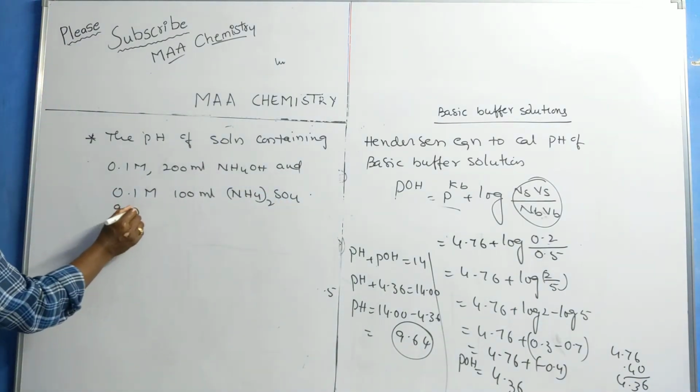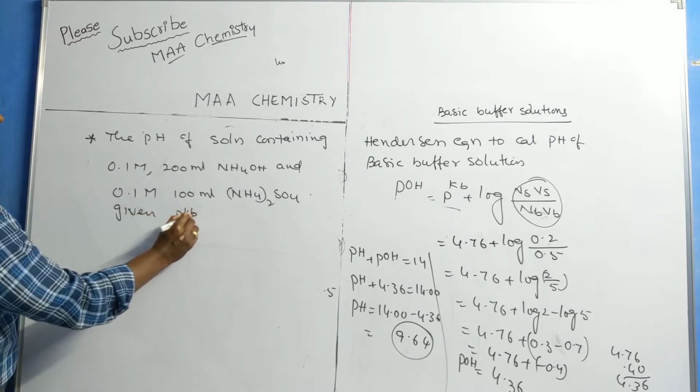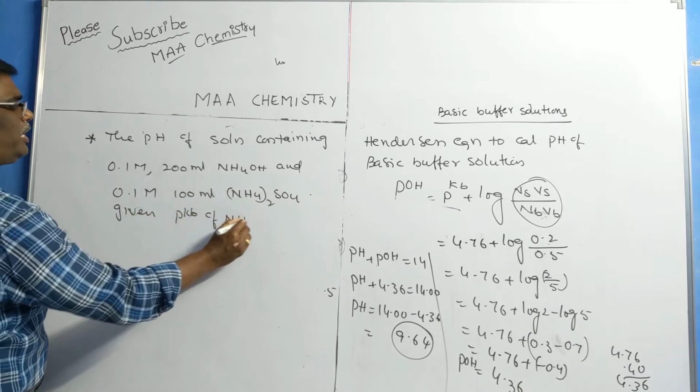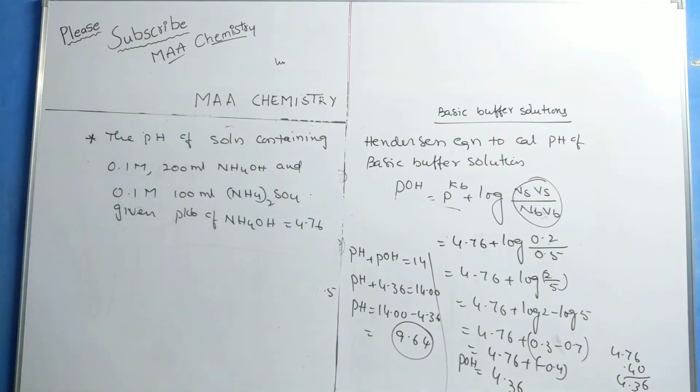Given pKb of ammonium hydroxide is 4.76.